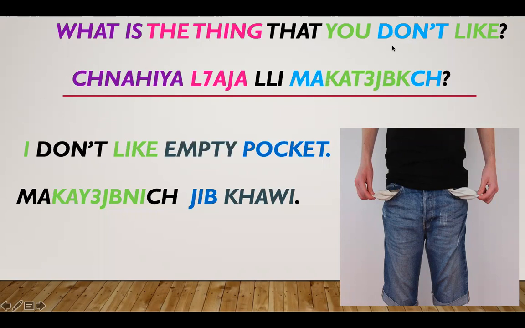So when we put the negation like don't, we add ma in the beginning of the verb and sh in the end to mean I don't, or like in French ne pas.